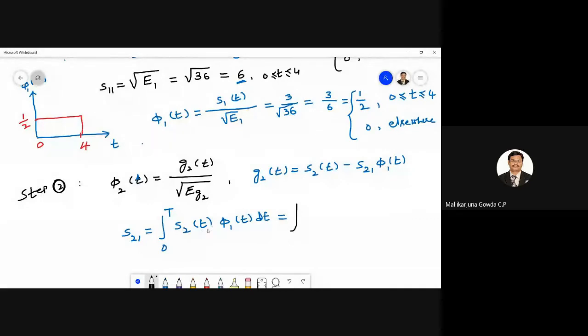S2 of t exists for what interval? So 0 and 2. Yeah, 0 to 2, right? So what is the value of S2 of t?